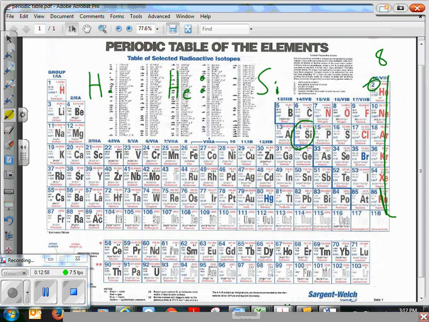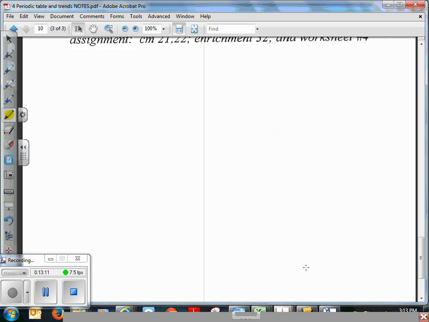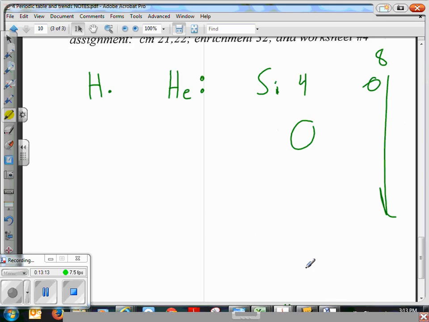Well, it's in group 14 or 4A, depending on your periodic chart, but it's going to have 4 valence electrons. Do you agree? Okay. So the way that silicon's dot diagram would be is 1, 1, 2, 3, 4.